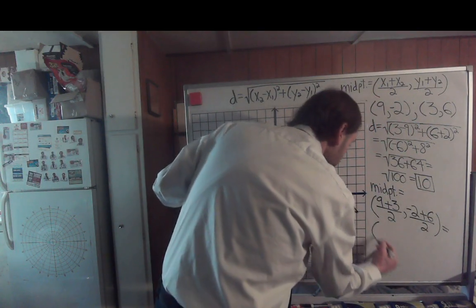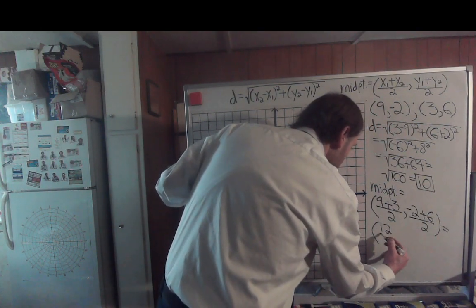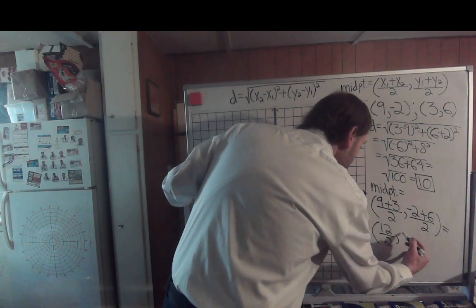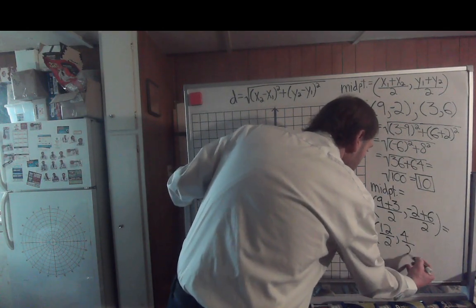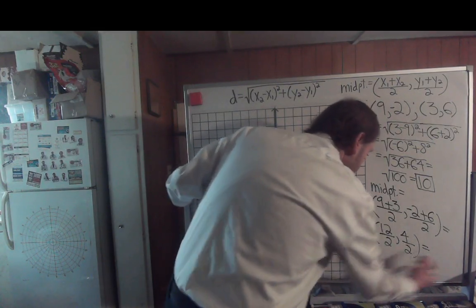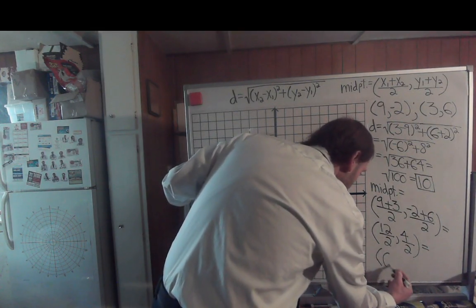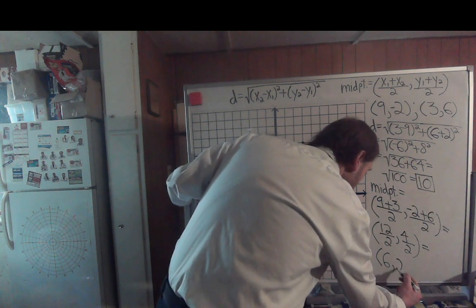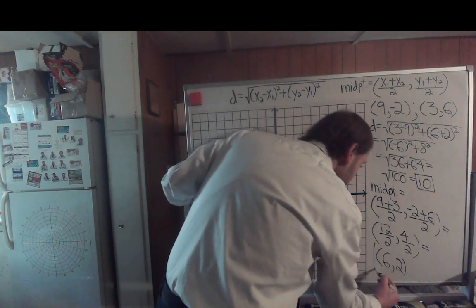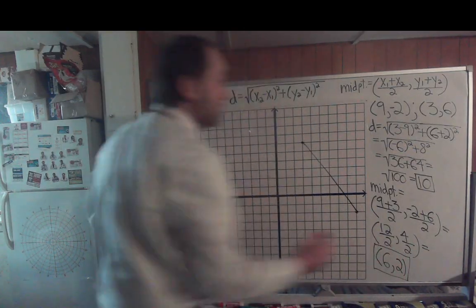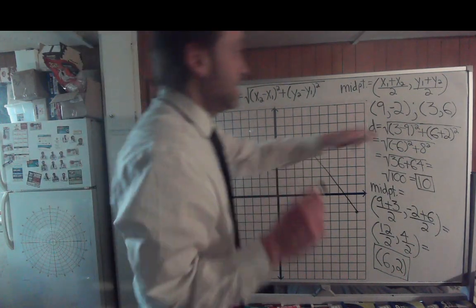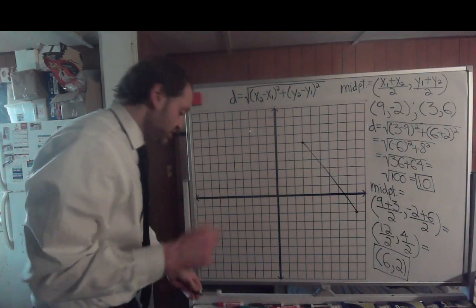So this would simplify into 12 over 2, 4 over 2, which for the final simplification would give me the coordinate 6, 2. So 6, 2 is actually the midpoint between 9, negative 2 and 3, 6. 6, 2 would be my midpoint.